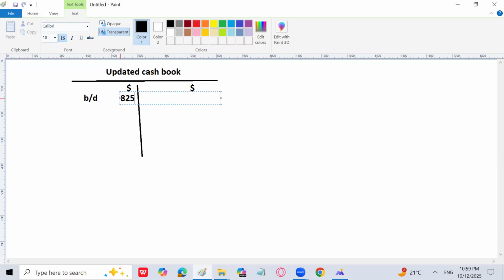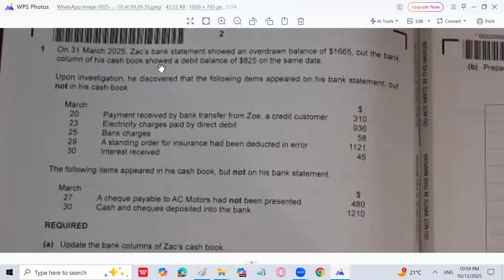In the question, there is a debit balance of cash book, 825, but the bank statement has an overdrawn balance of 1665. It means the bank statement has a debit balance. Yes, because an overdrawn or overdraft balance means cash book credit balance and bank statement debit balance. So we have a cash book debit balance of 825.